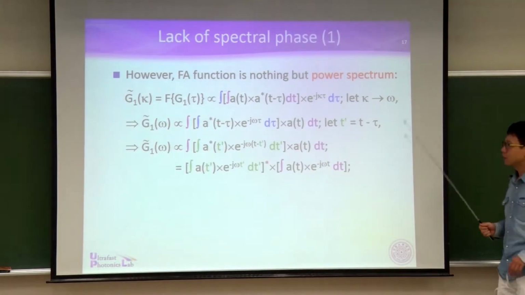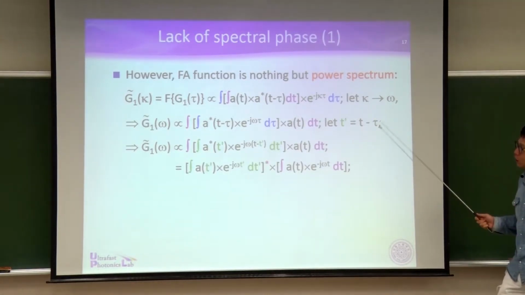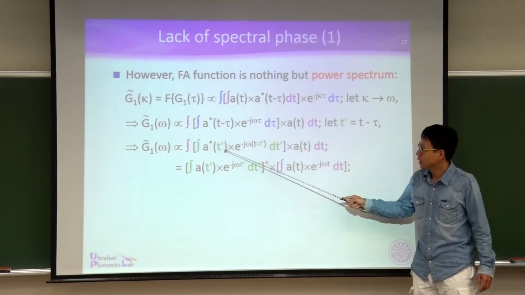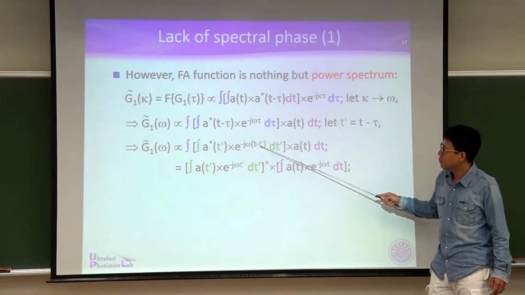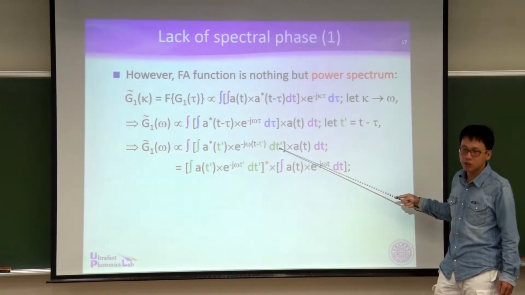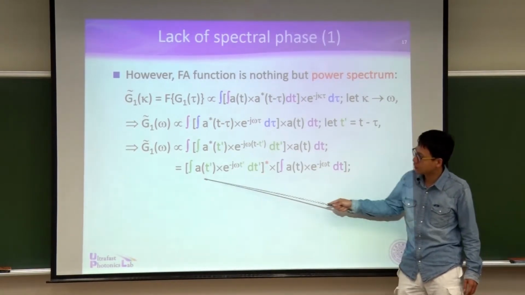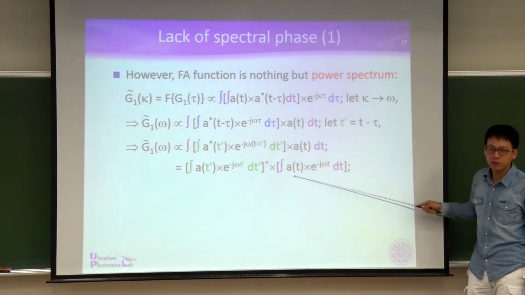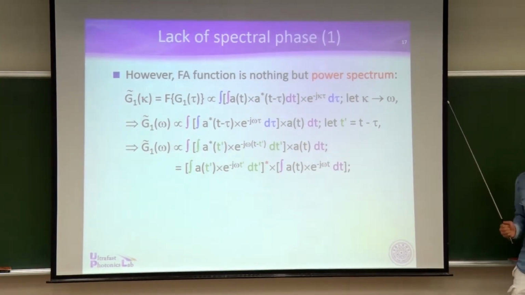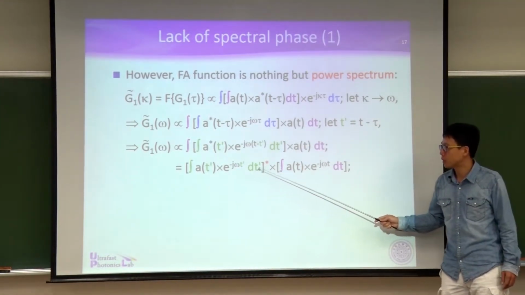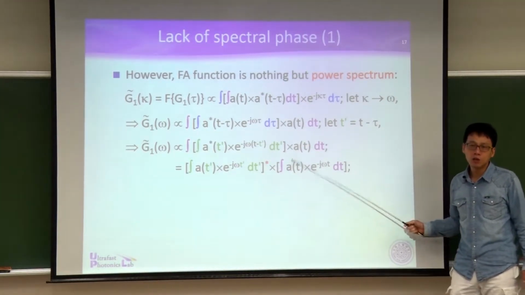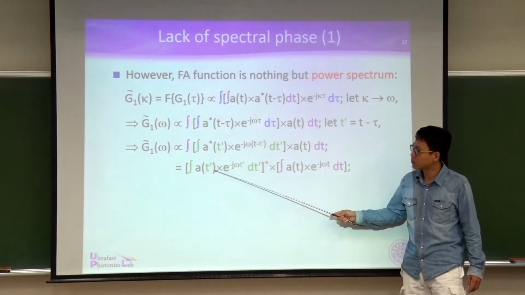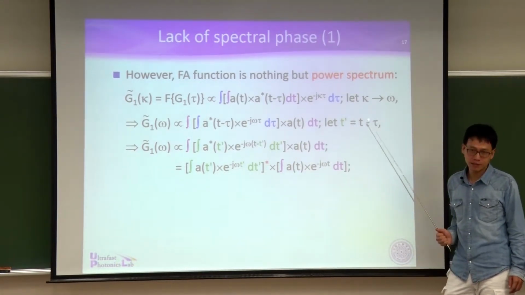Then you can rearrange the integration again. You see t prime is here, t prime is here, dt prime is here, so they can extract together. Combine them together. So you have multiplication of two one-dimensional integrals. The first one is about t prime, the second about t.